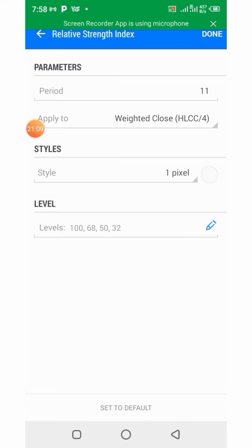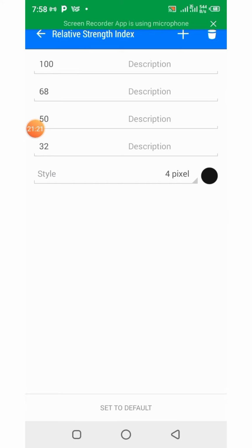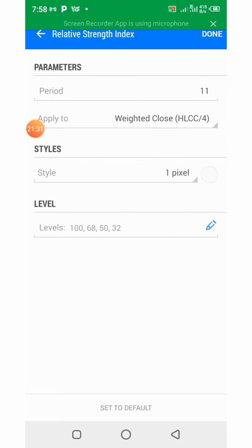Then levels, there we have 100, 68, 50 and 32. Look at how your levels will look. You use black and then 4 pixels so that it will really show the stages. And so that is it. You click, you go back and click done.